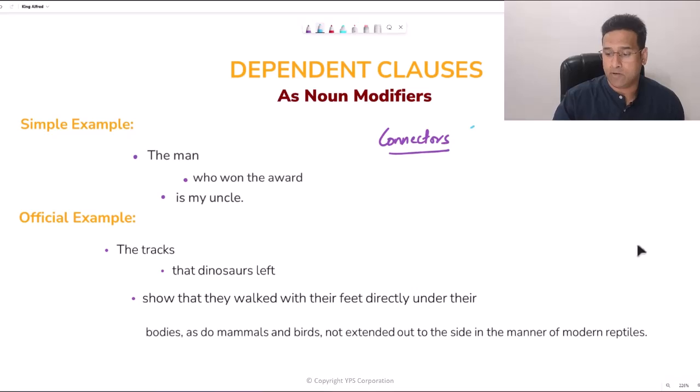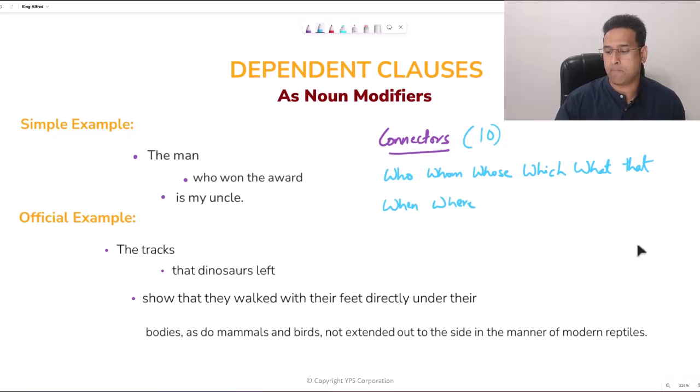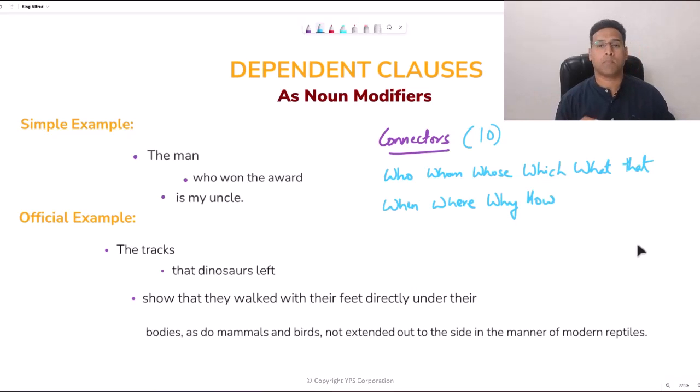There are only 10, okay? You need to keep these 10 in mind. Who, whom, whose, which, what, that, when, where, why, and how.